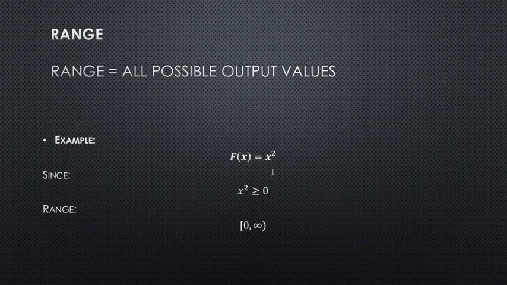So the domain is all real numbers, but the output can never be negative. Squaring a real number always produces a value greater than or equal to 0. Therefore, the range is 0 to infinity, including 0. So remember, domain is about input, range is about output.